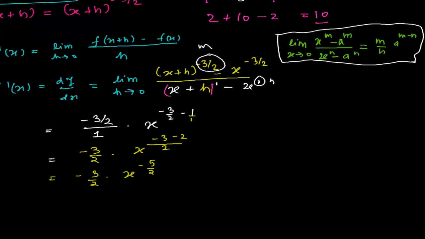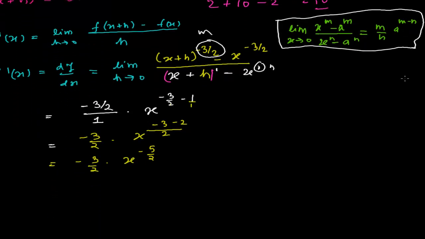So we can go further, or you can stop here also. Our derivative is equal to minus 3 by 2 x to the power minus 5 by 2. If you want to go further, you can write minus 3 by 2, and by going downstairs it will be 5 by 2, now positive.